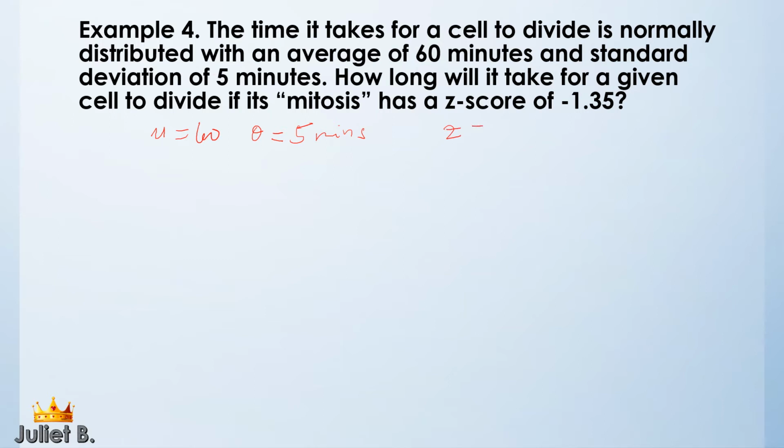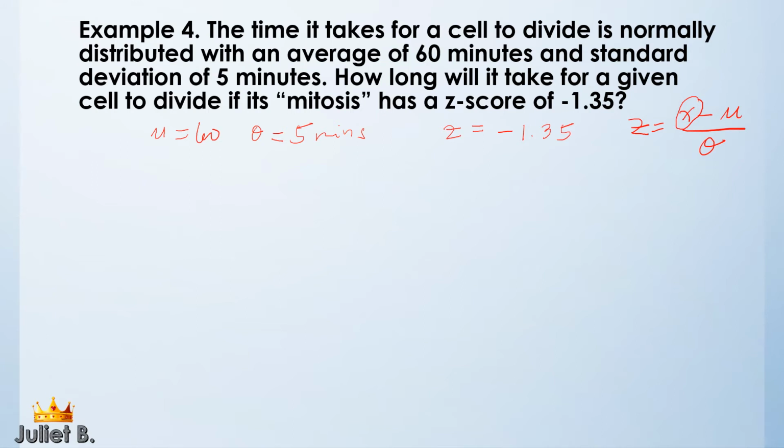So z is negative 1.35. From the given formula, z is equal to x minus mean over standard deviation. It is obvious that the unknown is the value of x, or the normal random variable.